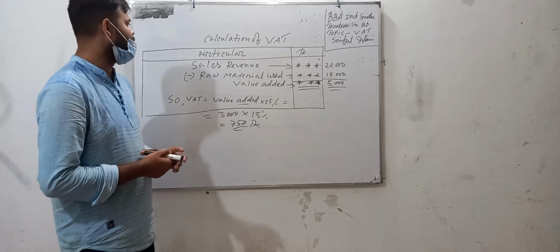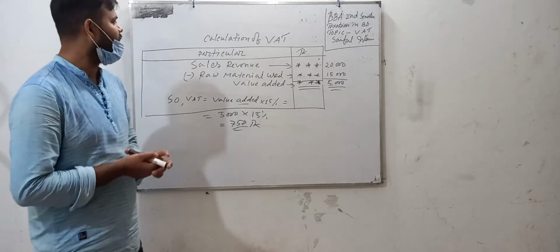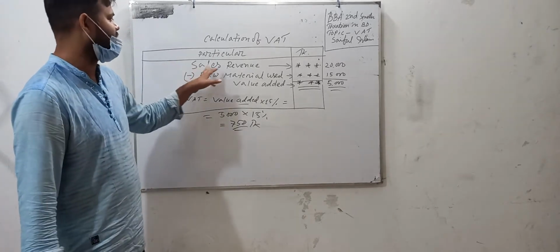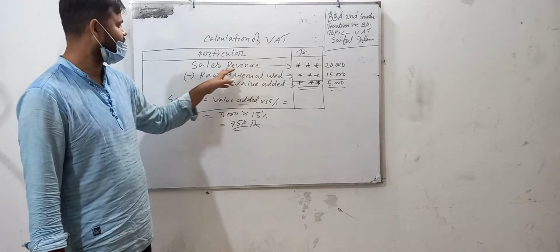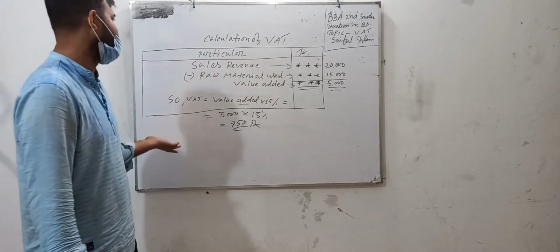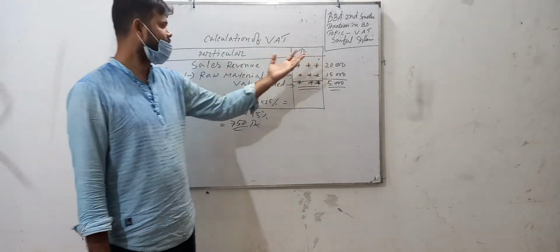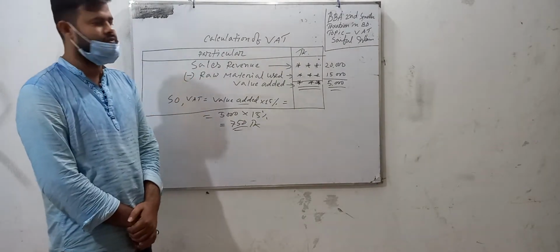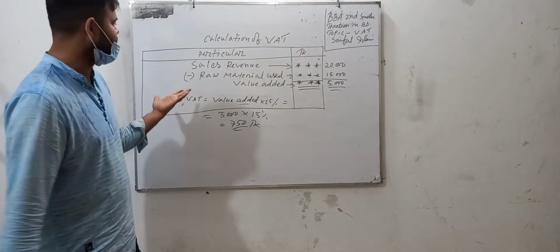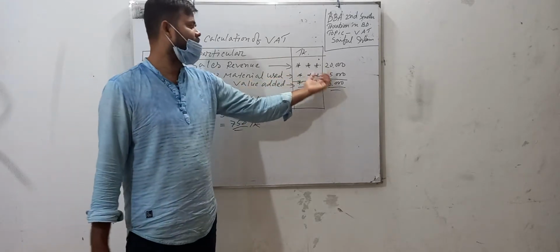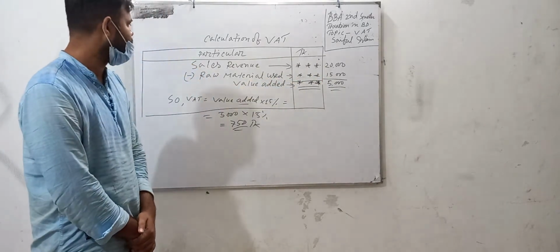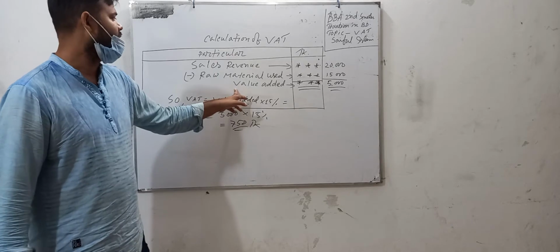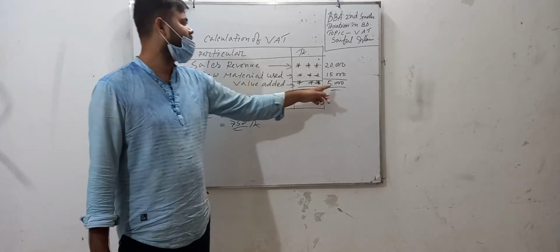I will repeat again. At first, sales revenue. Suppose sales revenue is 20,000, less raw material used. Suppose raw material used is 15,000. Value added, so value added will be 5,000.